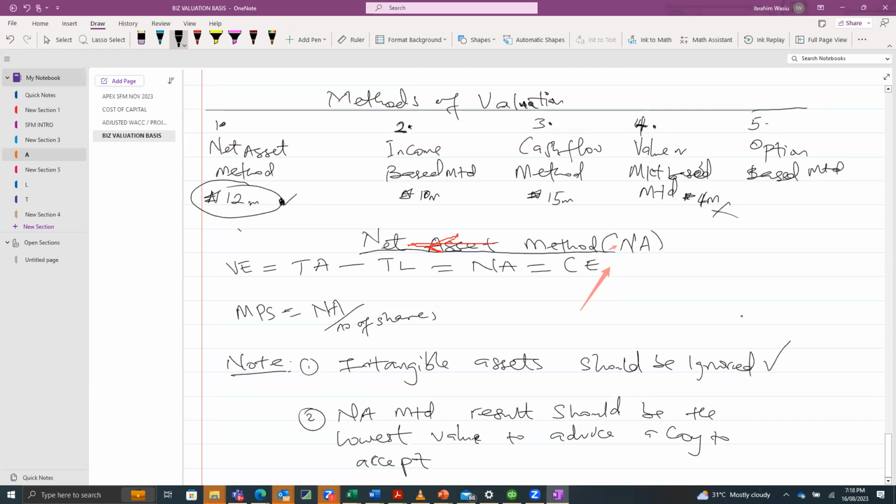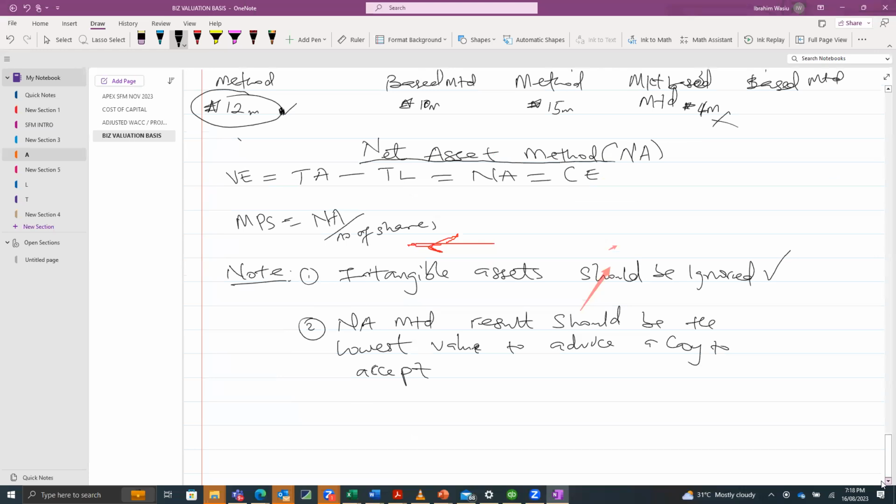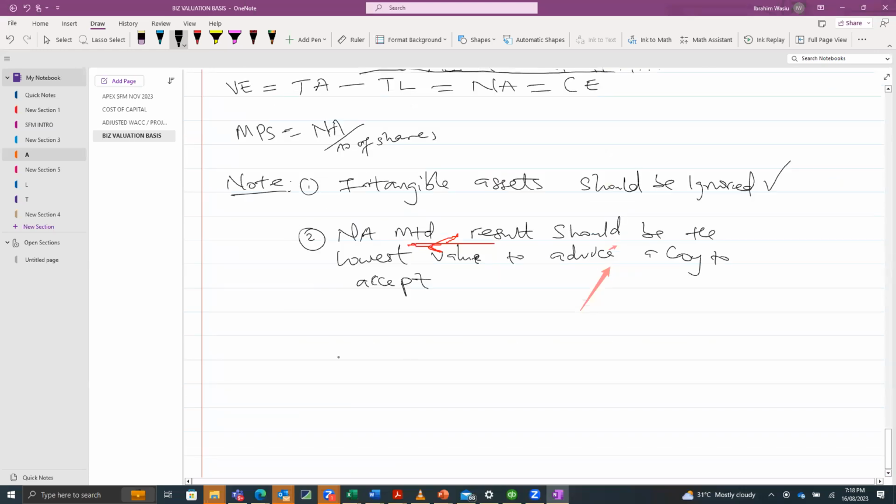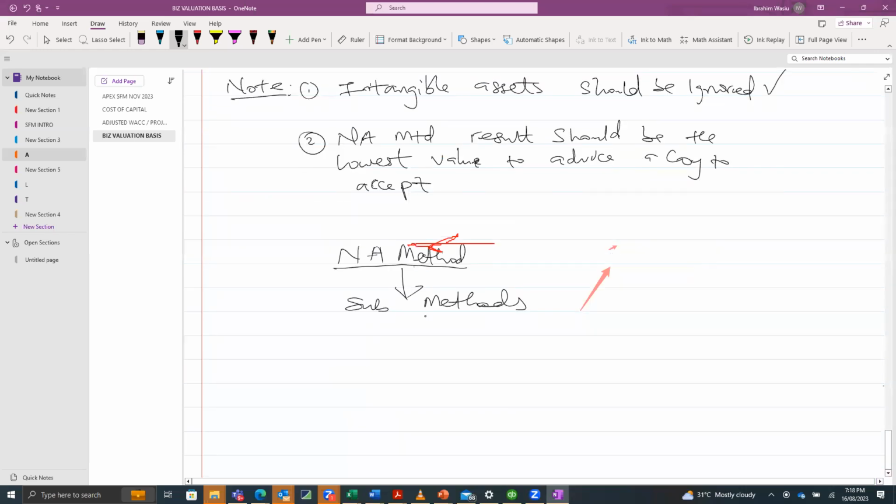Okay, so under net asset method, we still have some other sub methods. We have three of them.